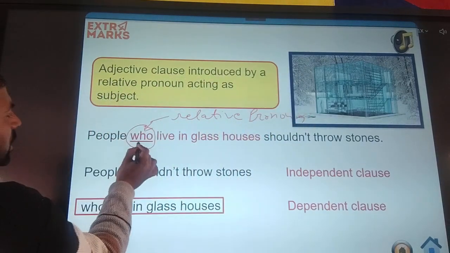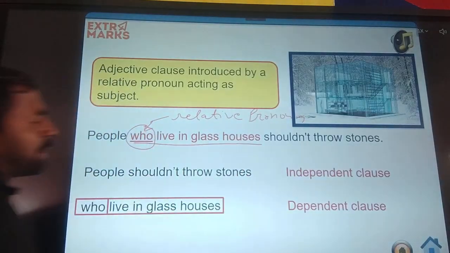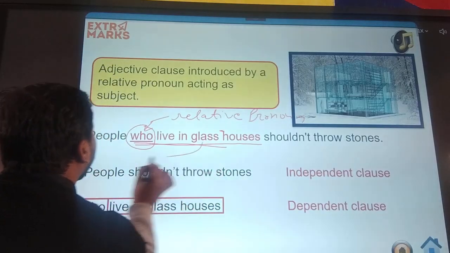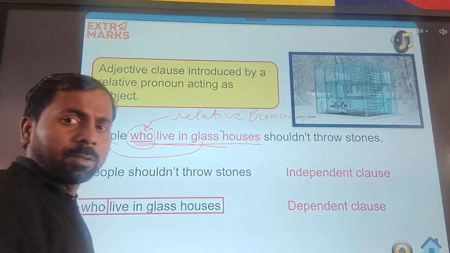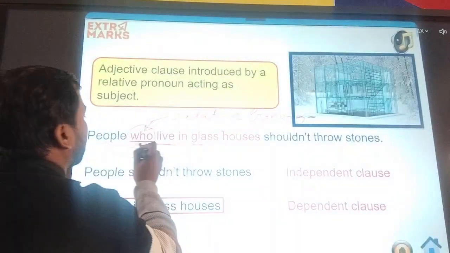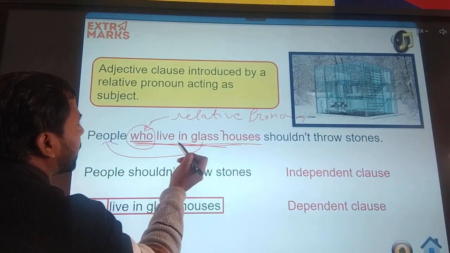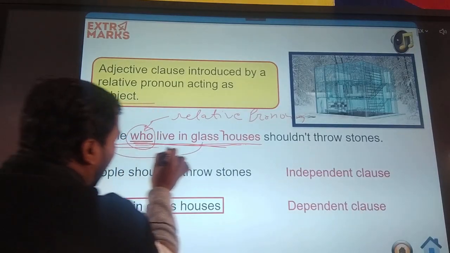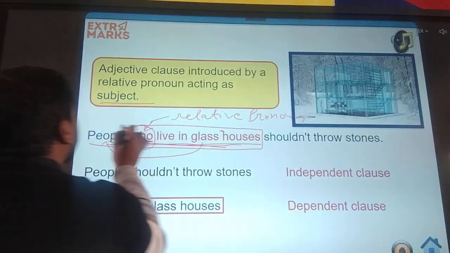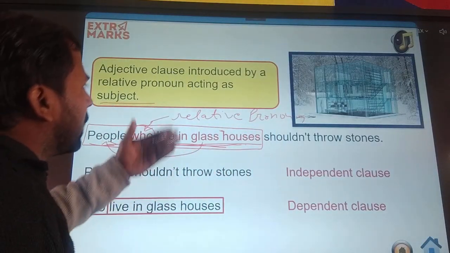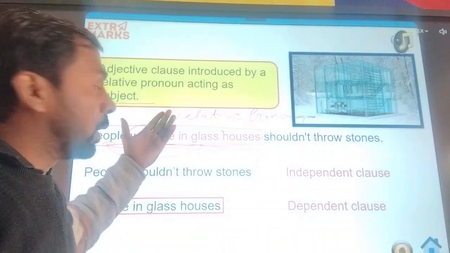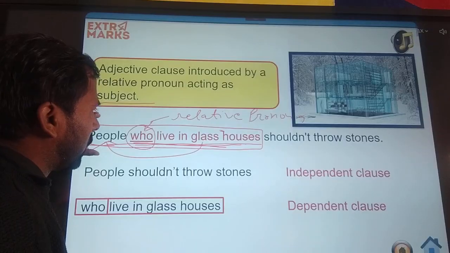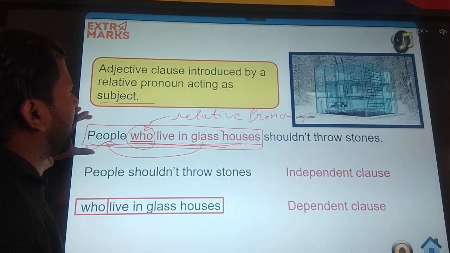This is the adjective phrase, and this adjective phrase works for the word people. It is acting like a subject of the sentence. This whole part works like a subject in a sentence, so we can say that this is part of the subject.